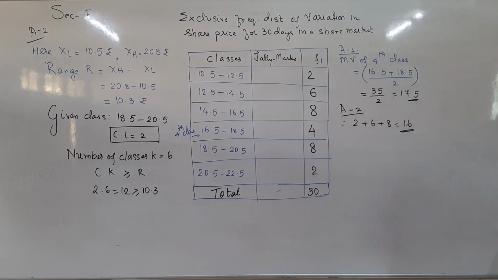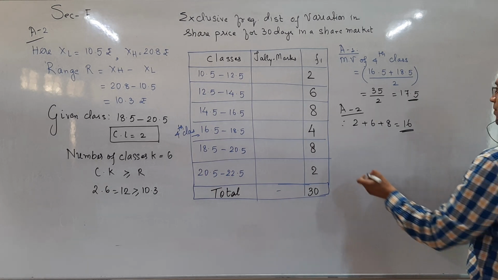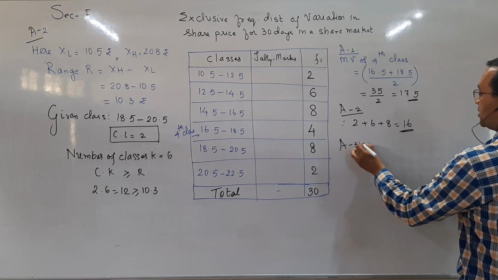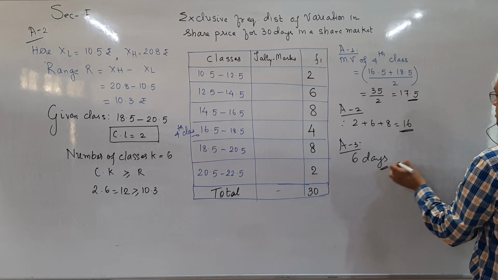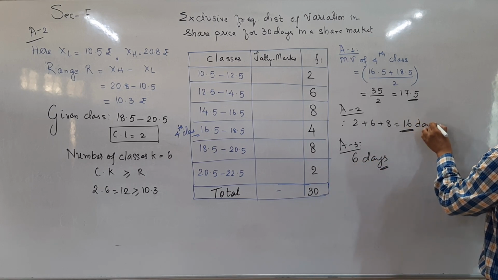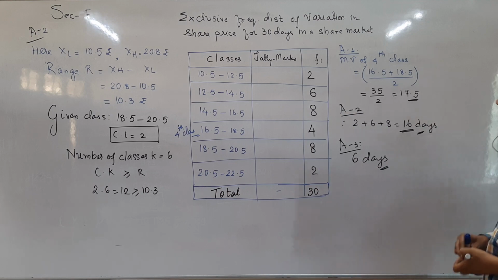And number of days during which the price of share is at least 19.5. So 19.5 or more you have to count. Students, you have to count this verbally, and the answer comes out to be 6 days. Answer 3 comes out to be 6 days, and answer 2 is 16 days.